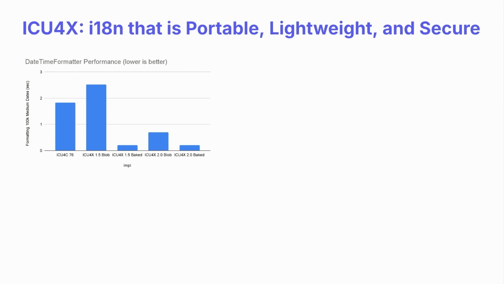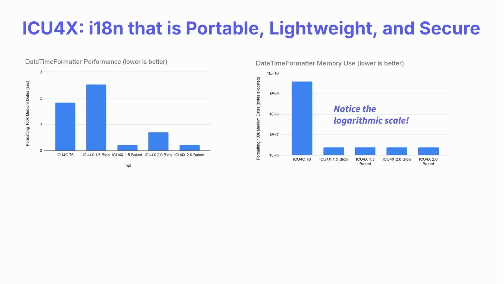If you came to the tutorials yesterday, you learned a little bit about ICU4C. On the far right side is ICU4X 2.0, and this is the performance of taking 100,000 dates and formatting them in the medium style. This is just the raw performance, and you can see how we've really been able to move the needle on performance of date formatting.